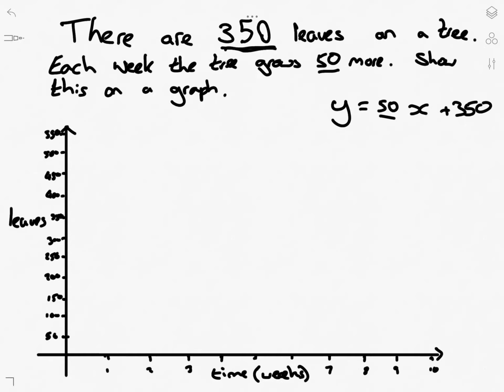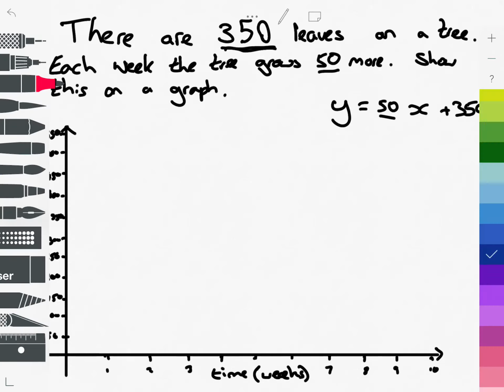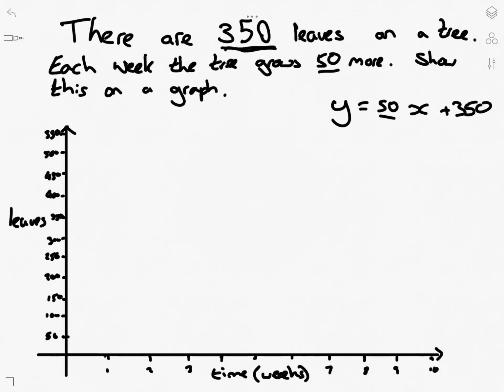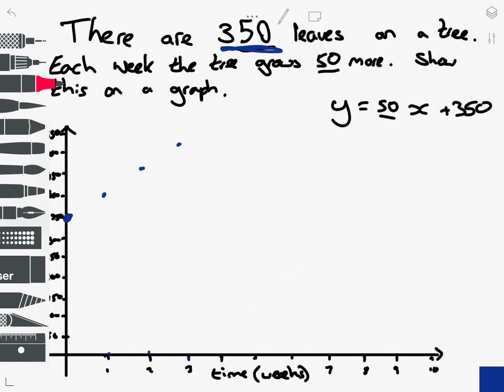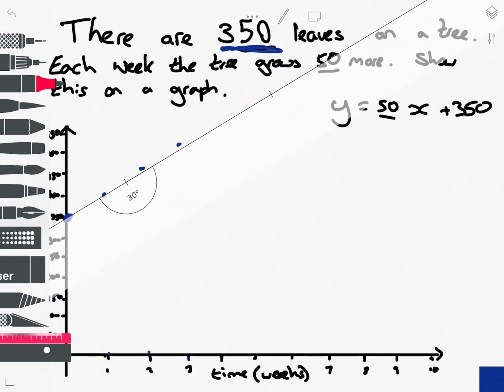So again, we can extend that further if we want to. Now let's just draw it quickly. We're starting at 350 leaves, so let's go to 350. Each week we're going up 50 more, so here, here, here, and so on. Drawing the points.